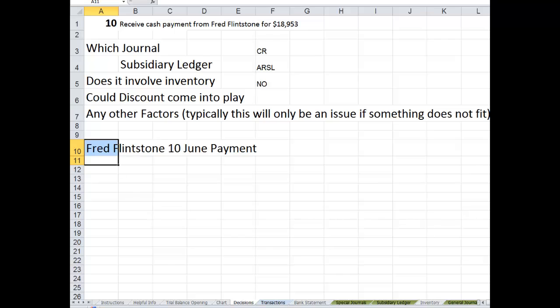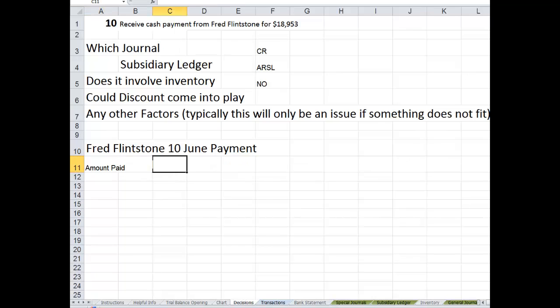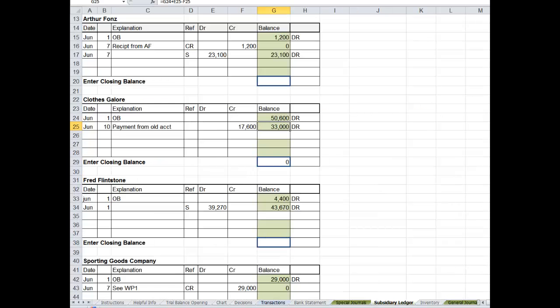Righto. Amount paid is $18,953. Now, what is that? So let's first go to the subsidiary ledger to see what Fred Flintstone owes.